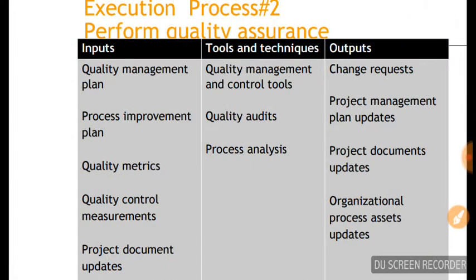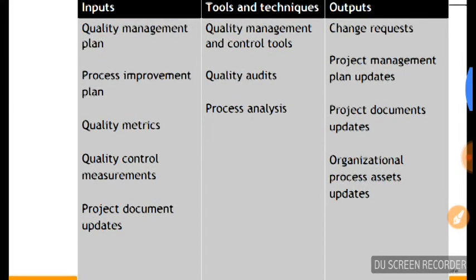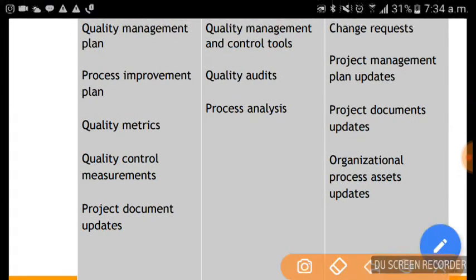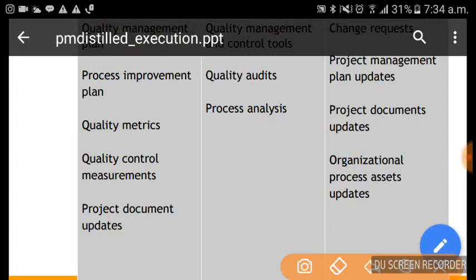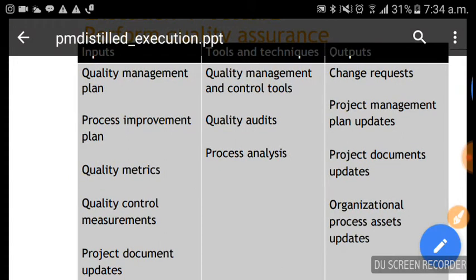The second process under execution is perform quality assurance. On the input side, we have the quality management plan.